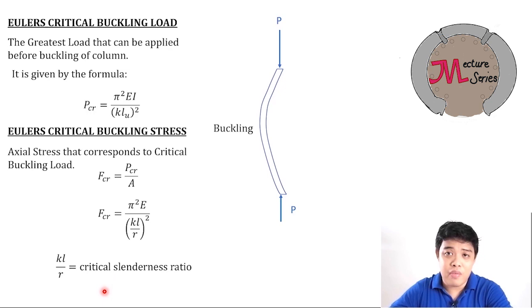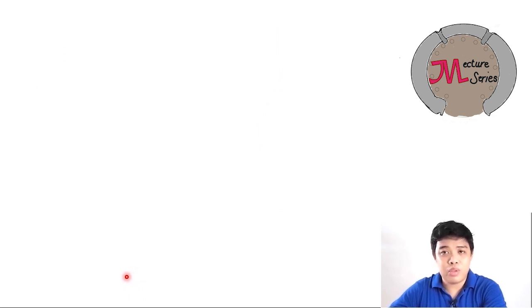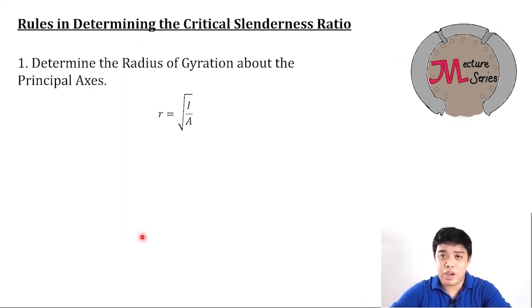Take note of this. To get the critical slenderness ratio, you have to get the greatest value, because the greater the slenderness ratio, the weaker the column. So the crucial part of this discussion is determining the critical slenderness ratio. What are the rules? Number 1, determine the radius of gyration about the principal axis.